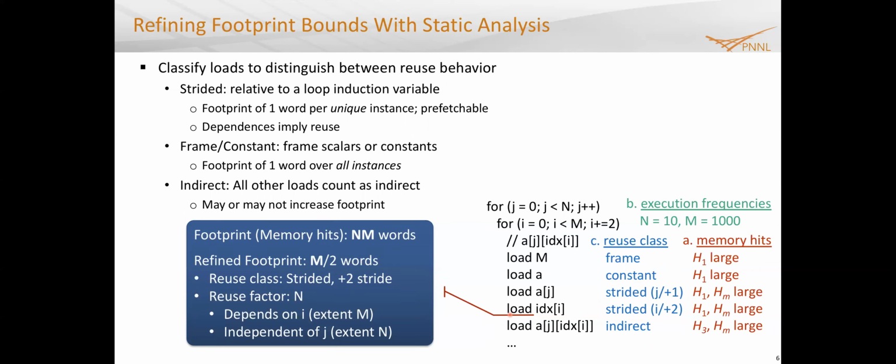Because by knowing the load classification in here, that's a strided load with stride plus 2 and it depends on I, that means it is invoked m divided by 2 times. Also, we know that it is independent from the j. That means the n is just a reuse factor.